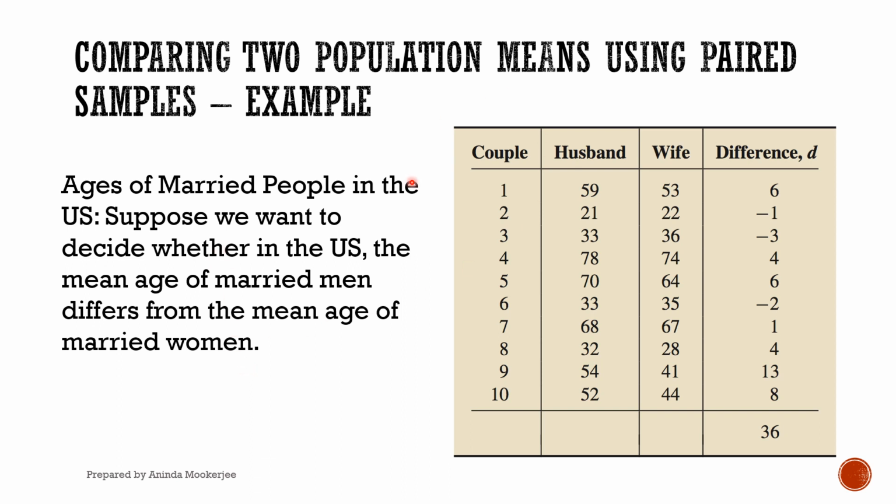What they have done here is they have shown us the data, and they have chosen about 10 couples in the sample. So we have here sample 1, which came from population 1, and sample 1 is all the husbands selected, and sample 2 will have all the respective wives.